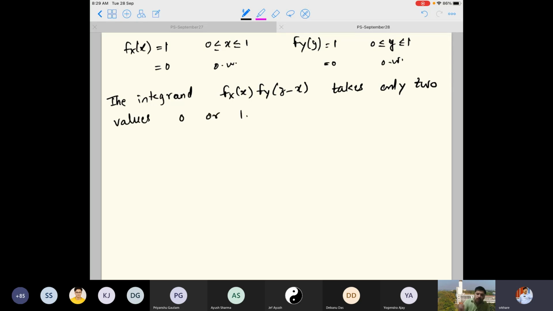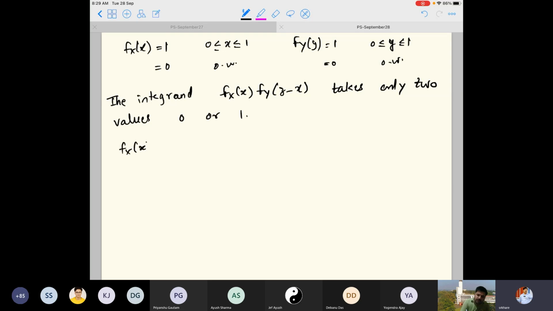We have to find out where it takes value 0 and where it takes value 1. If x is between 0 and 1 and z minus x is between 0 and 1, then the product will take value 1, otherwise 0.